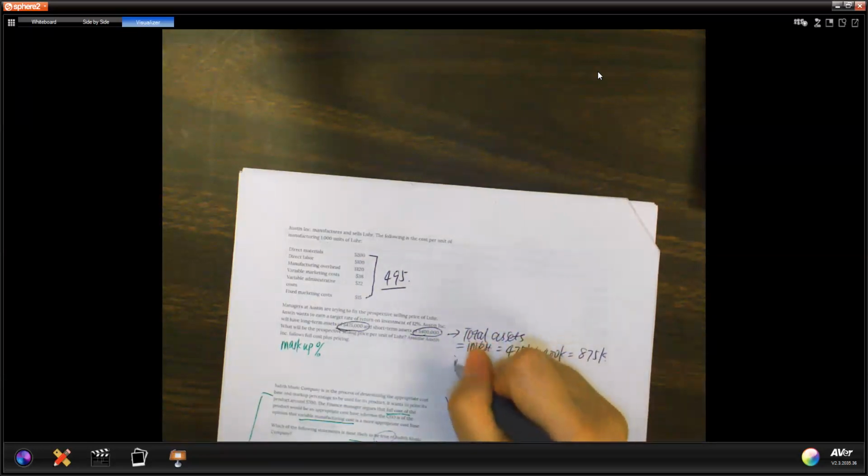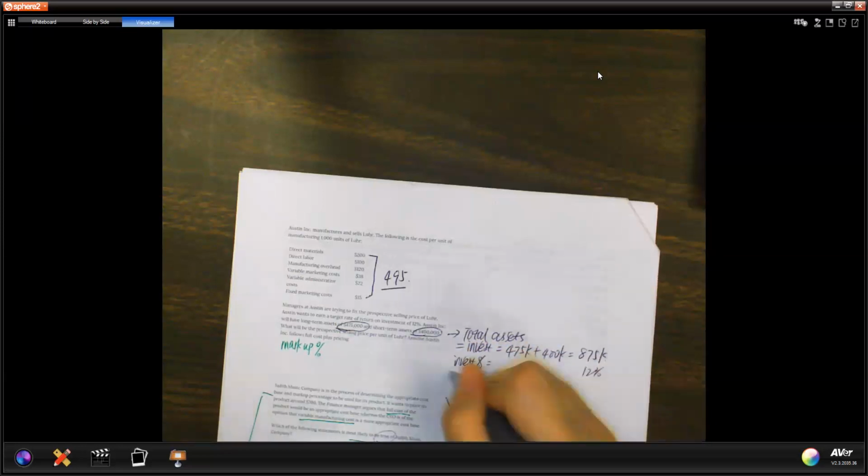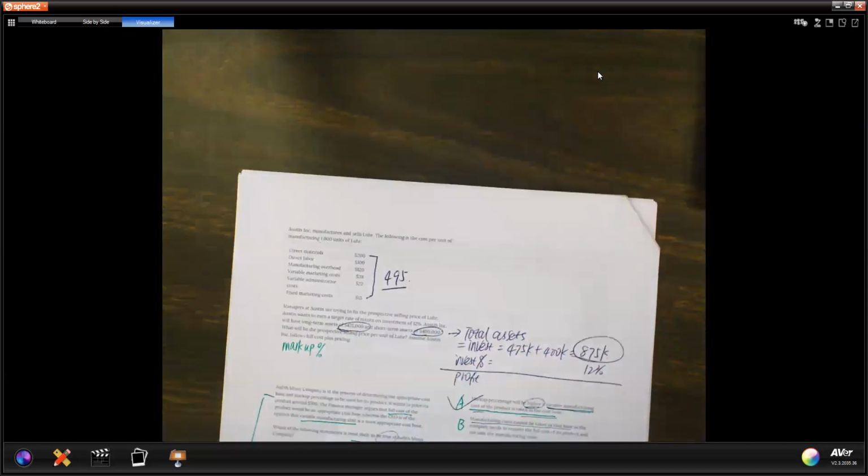And our investment return is 12%. So your total profit has to be 875,000 times your 12%, which gives you 105,000. Total units is 1,000 units.